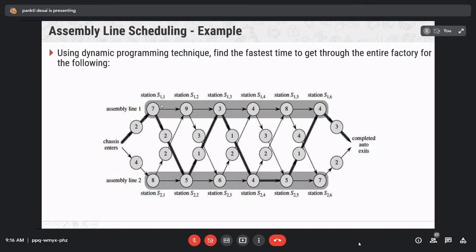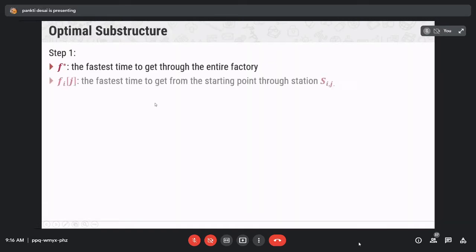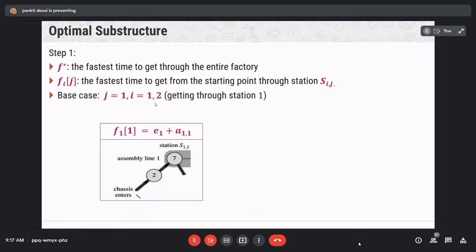How much time is required to reach station S11? That is E1 plus A11. So this much time is required to get from the starting point through station 11.